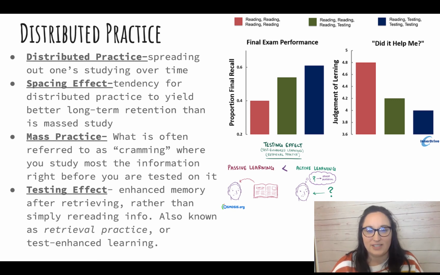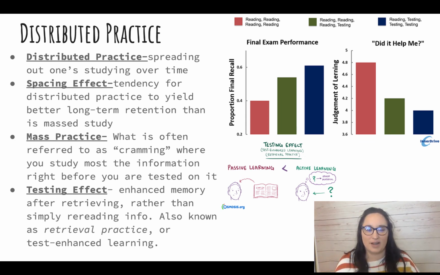Distributed practice, we've talked about this a lot in class because this is research. It's spreading out one's studying over time. This is much more effective than what is called mass practice, which is basically cramming all the information the night before, or just in one night in general.